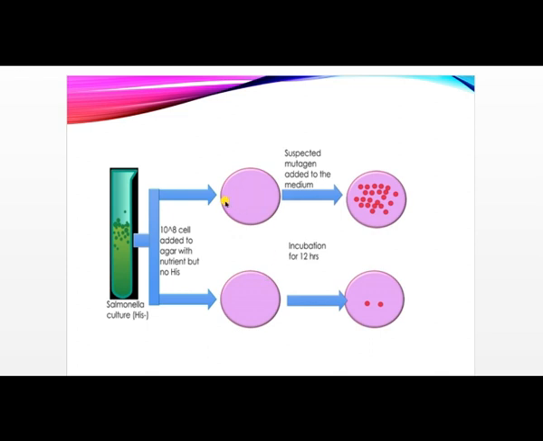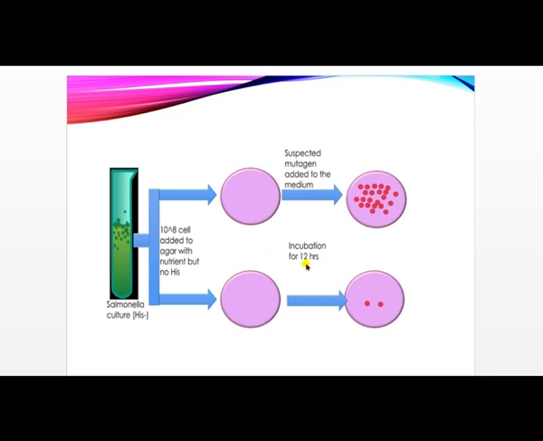Okay, so this is the first Petri plate. In that, along with this bacterial culture, we are loading our chemical mutagen, or spreading our chemical mutagen. But in the second Petri plate, we are not adding chemical mutagen, only the bacterial culture is present.